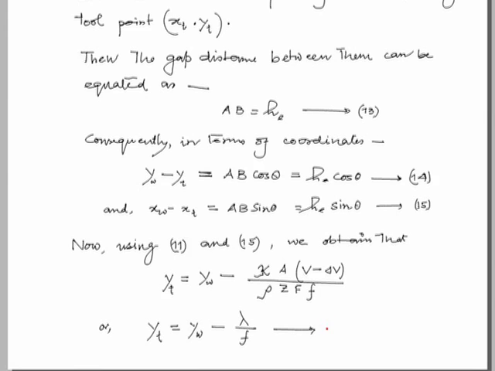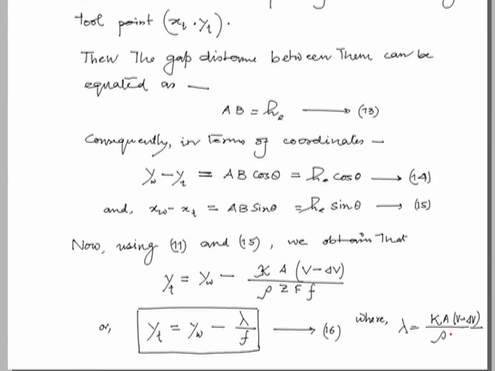This we can consider as equation 16, which will be an important relationship in future. So, here we have replaced the term kappa into V minus del V divided by rho z and capital F by the term sigma.